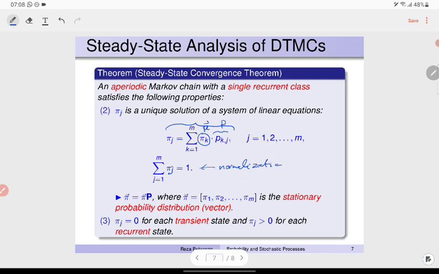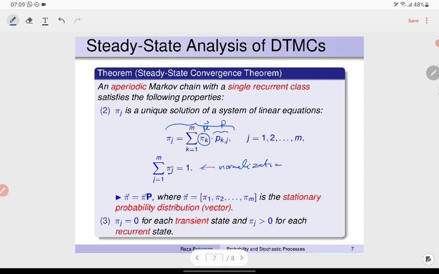So therefore, we can describe this for the discrete time Markov chain as vector pi is equal to vector pi multiplied by P. The vector pi consists of pi_1, pi_2, and so on until pi_m, the stationary probability distribution, which forms a vector, so we call this a stationary probability vector. So to do steady-state analysis, if it exists, the result is the unique solution of this system of linear equations.